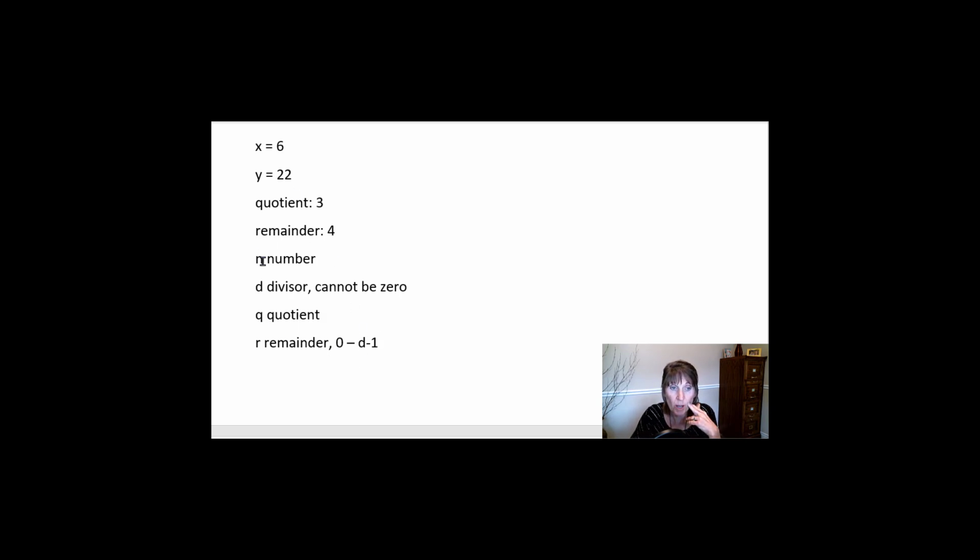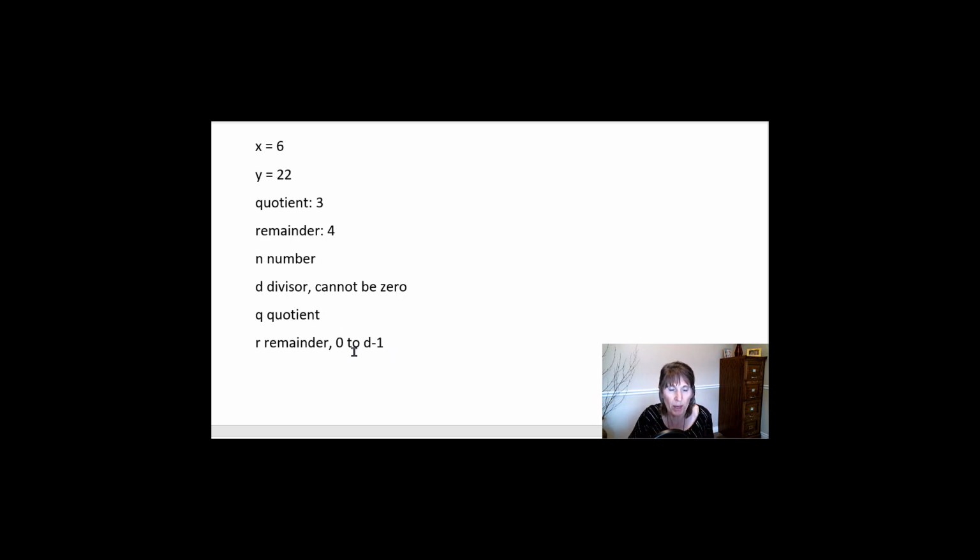So we have all of these to work with as we're learning this algorithm for how we move through a division problem. Now I'm going to write this a little differently so that it doesn't look like we have two subtractions. It's 0 to d minus 1, the divisor minus 1.